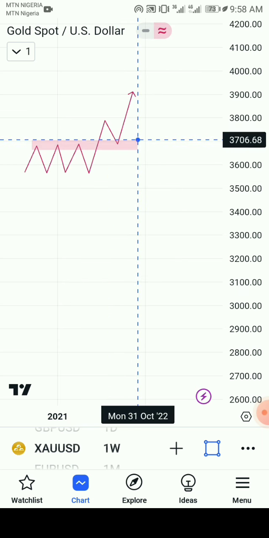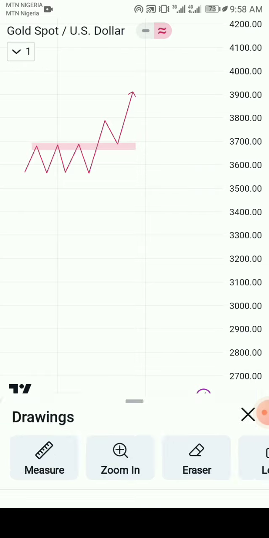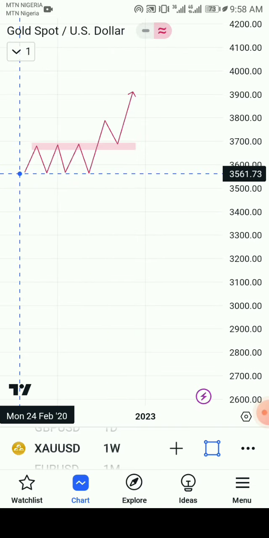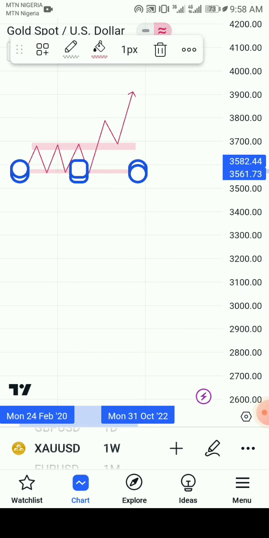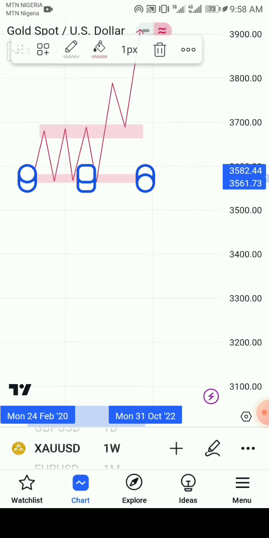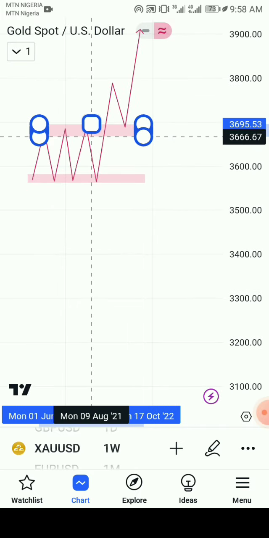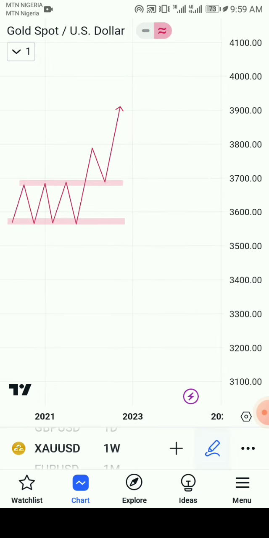I mark up like this, and I do something like this. Now, we're going to be looking at two scenarios. This is scenario one.